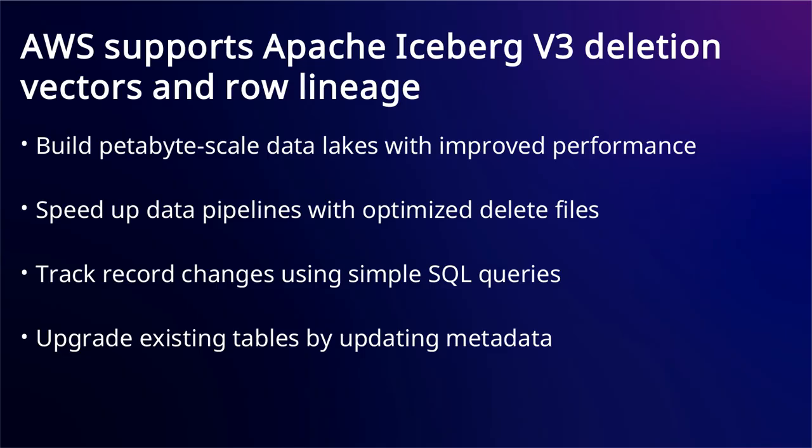Row lineage allows you to track record changes using simple SQL queries, eliminating the need for complex computations. You can easily upgrade existing tables by updating the metadata with the new format version. These features are available across multiple AWS services, including EMR, Glue, SageMaker Notebooks, S3 Tables, and Glue Data Catalog.